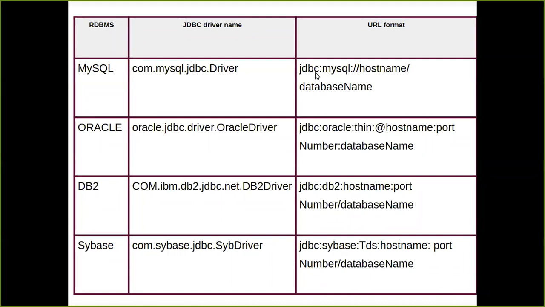You are going to write jdbc:mysql: and then your host name, which is going to be localhost, where you are actually going to connect. After that, you write the database name. For example, in MySQL I have created a database called Sujata. So my database name is going to be Sujata.